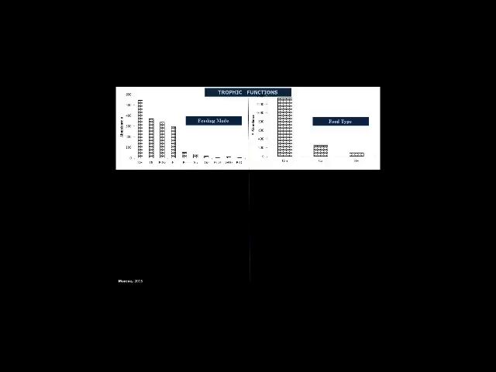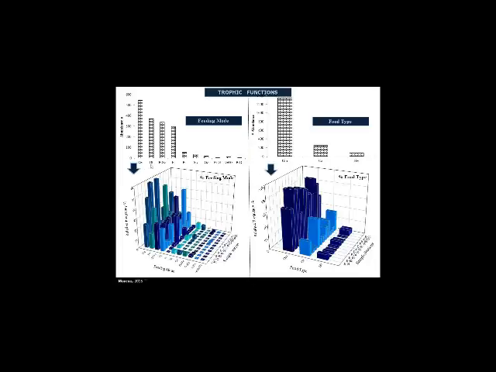Here we have the channels I was talking about, and deposit feeders were the most abundant. Also, omnivory was the predominant food type.